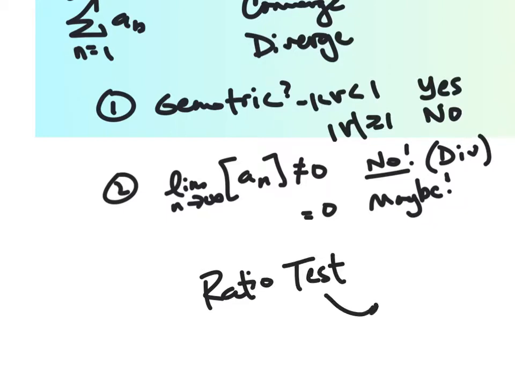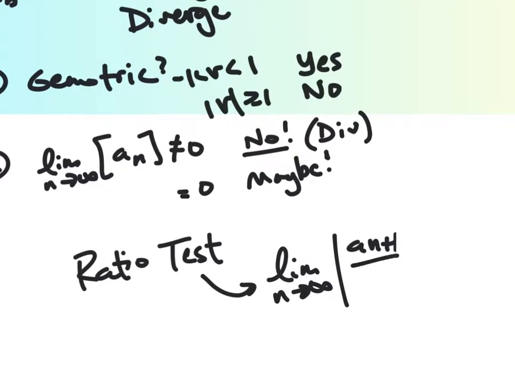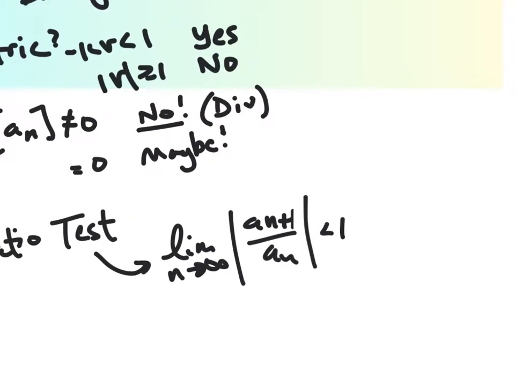test. So the ratio test says take the limit as n goes to infinity of a sub n plus 1 over a sub n. If that value is less than 1, then we can say yes, converges. If it's equal to 1, it's inconclusive.